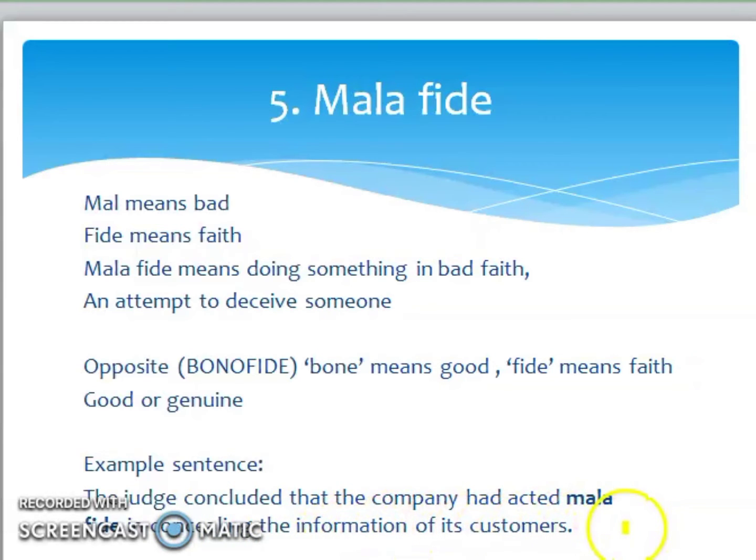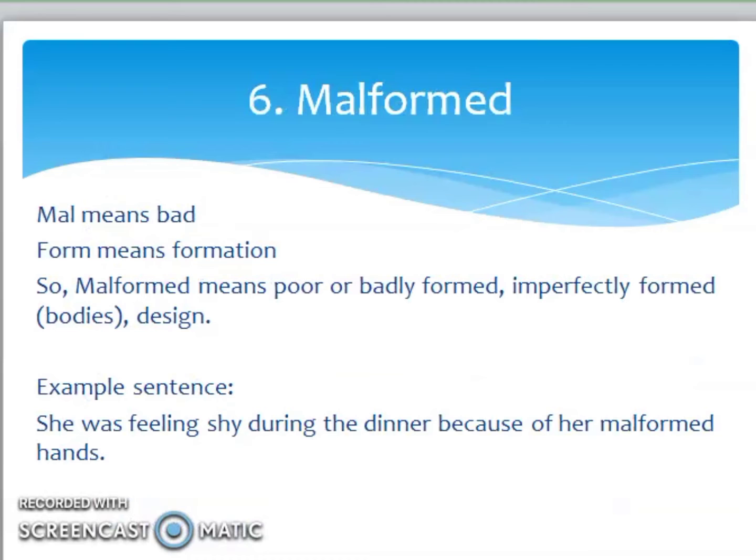So now this act is malafide, that the company was stealing the information of customers. And I guess this is happening around us, that companies are stealing customers' information and selling it to a third party, right?